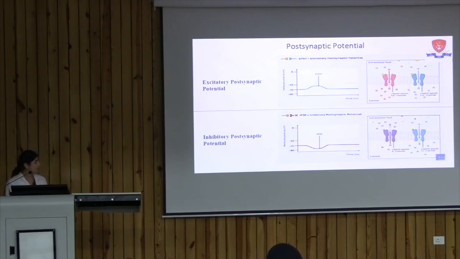Excitatory postsynaptic potential is due to depolarization that occurs as a result of increased sodium and calcium conductance and a decrease in the conductance of chloride and potassium ions. This leads to an increase in the membrane potential altogether.